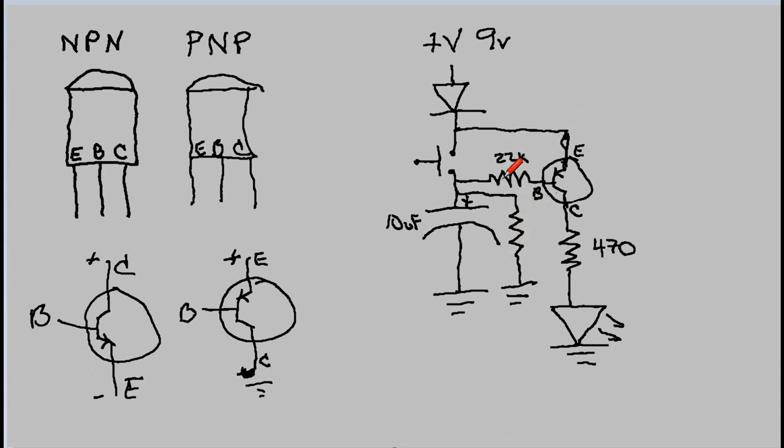Let's make it 100K. It'll drain slower, but we'll make it a 100K resistor. Sorry about that. I know that things are getting tight here.